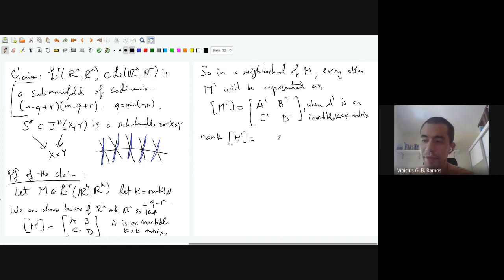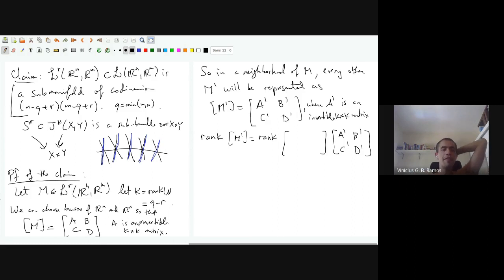I'm going to be a little smart, and it's going to be the same as the rank of an invertible matrix times my matrix A prime, B prime, C prime, D prime. What I'm trying to see now is the condition for having rank K or co-rank R in a neighborhood of M, because that's the condition to be in this LR space.